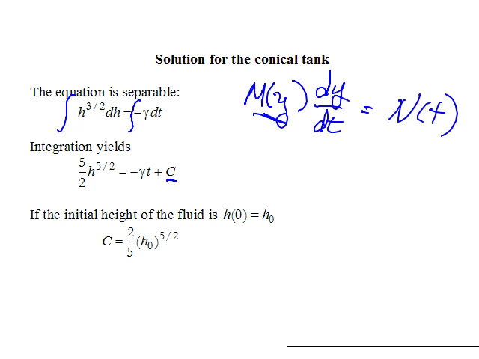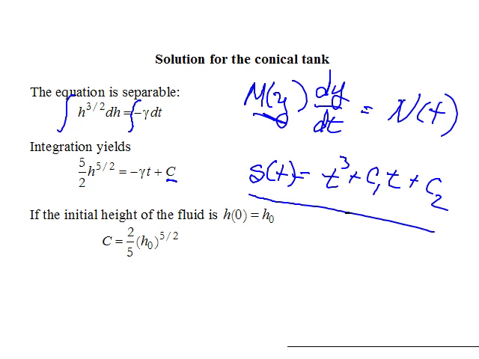For example, if you have something where this equals some function of time, let's say t cubed plus c1 t plus c2. You've seen equations like that for displacement when you started with the acceleration and took two derivatives. Now this c1 is multiplied by t. This c2 is by itself.